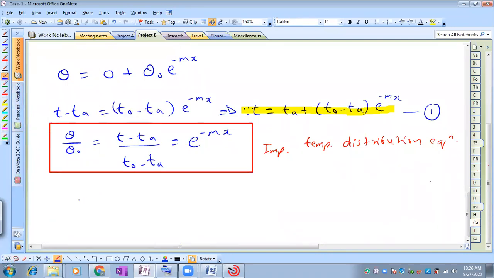So suppose I want to understand the relation between the dimensionless temperature and the value of m and value of x. What is the relation?